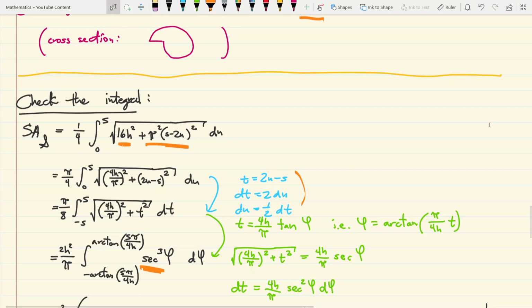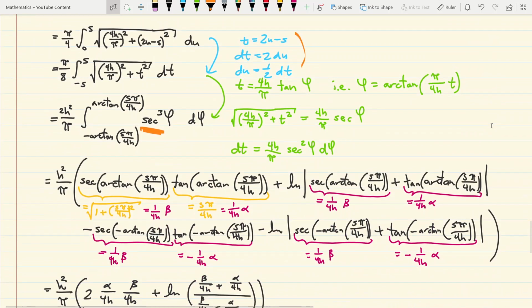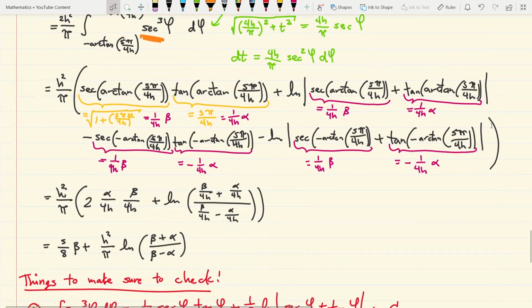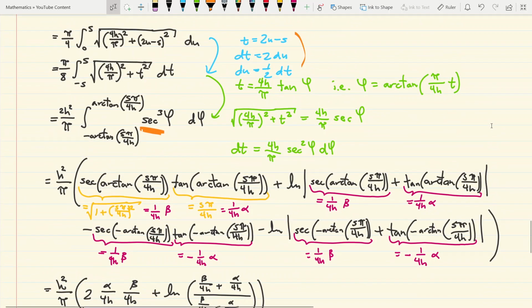Well, you would probably have to recall how this was done. It is usually done in a Calculus 2 course. But it's basically secant tangent times natural log of secant plus tangent, the latter part in absolute value.